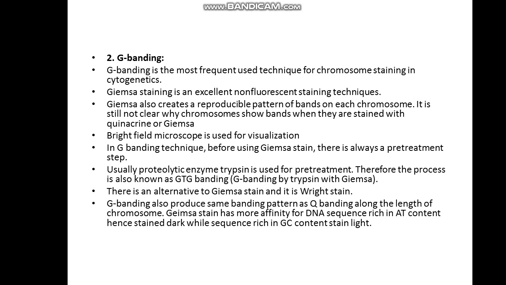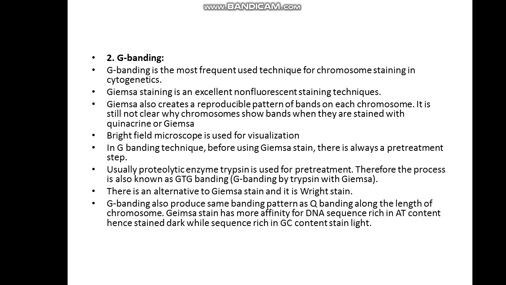In G banding technique, before using Giemsa stain, there is always a pre-treatment step. Usually, proteolytic trypsin is used for pre-treatment. Therefore, the process is also known as GTG banding, G banding by trypsin with Giemsa.